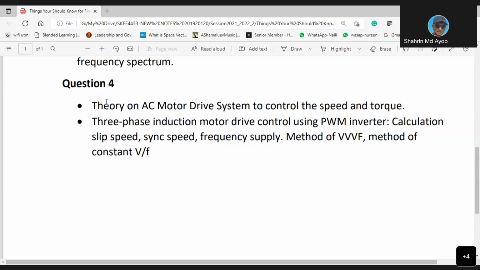Kan saya ada cerita pasal rectifiers, ada inverters, controlled rectifier, kemudian uncontrolled rectifier. Kita tengoklah slide. Why we need to maintain the flux at rated tu tak adalah.